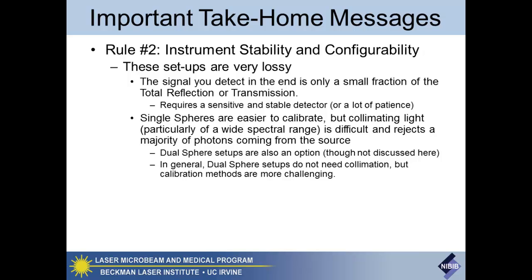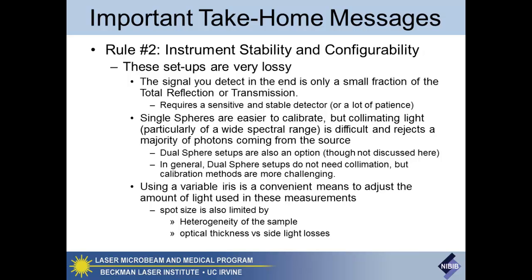However, it's much more challenging to calibrate a dual sphere system. And with Scott Prahl's code, he actually goes into great detail as to what those challenges are and how one would approach them. Also, in terms of instrumentation cost, now you have to have 2 of everything.